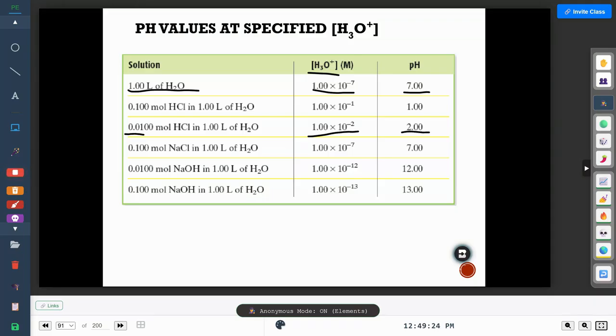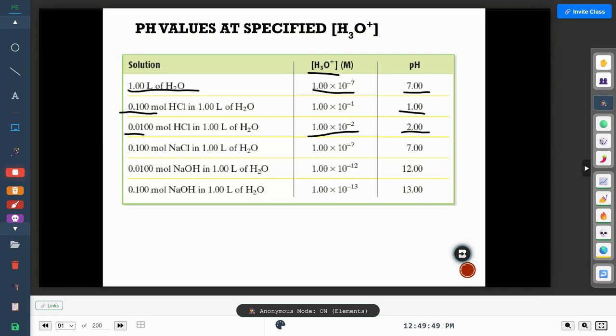And so it doesn't take very much at all, 0.01 moles, and suddenly you are in a situation where you have a pH of 2. It drops very quickly. And then you add just a little bit more, and now you're at 0.1 moles, and suddenly you are at a pH of 1 because you're at 1 times 10 to the negative 1st molar hydronium ion concentration.